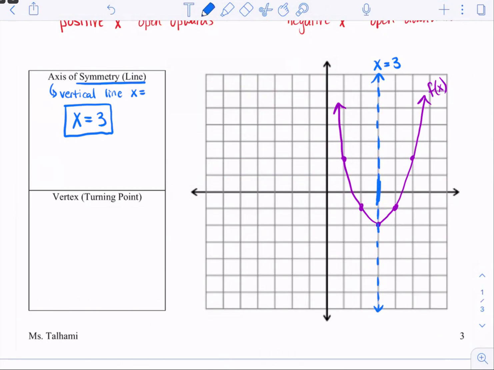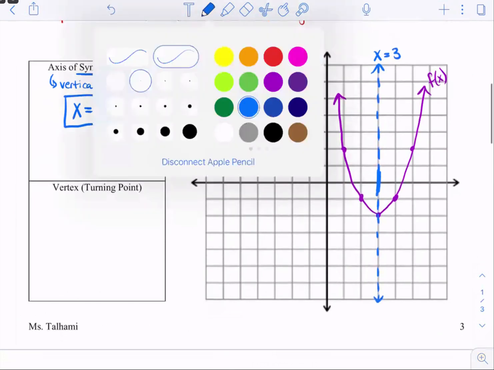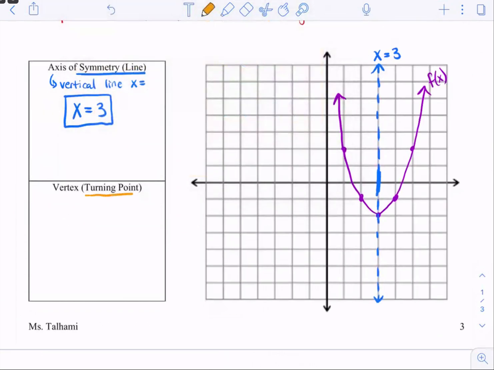The next vocabulary word I want you to focus on here is called the turning point, or the vertex. Now in this example, because it's a smiley face, sometimes they call it the minimum because it's the smallest point. If it was something like this, it would be a maximum.